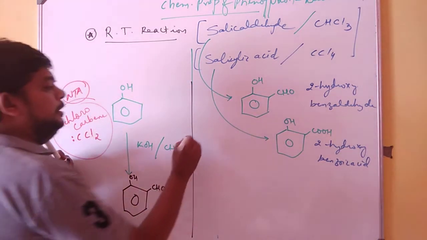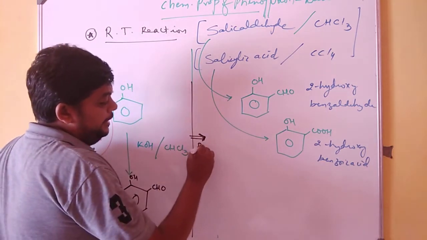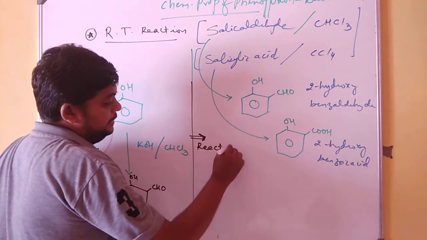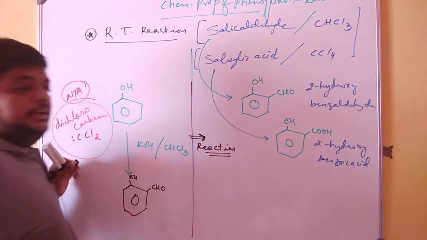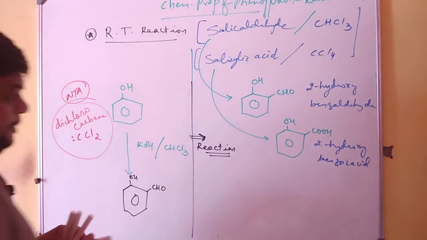But if we are interested in learning it in a little bit of detail, let us learn the detail regarding this Reimer-Tiemann reaction. This detail is also very important, and let us begin with that.